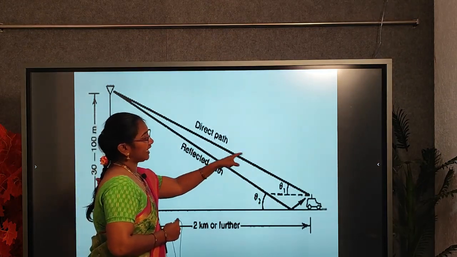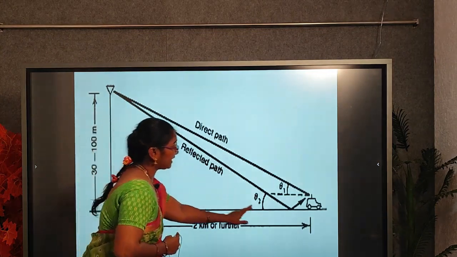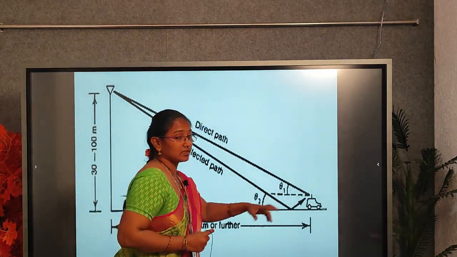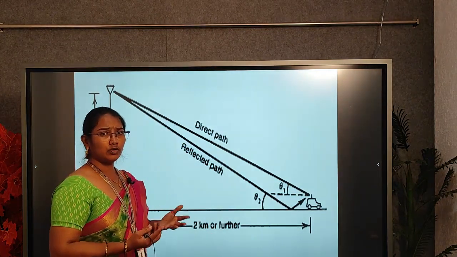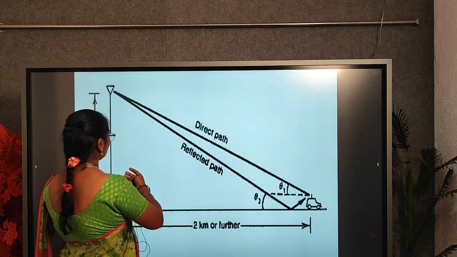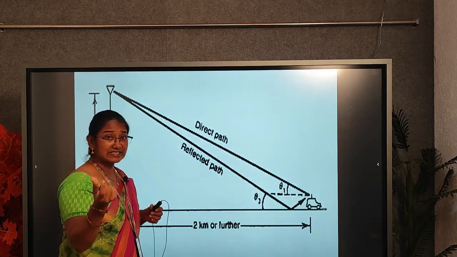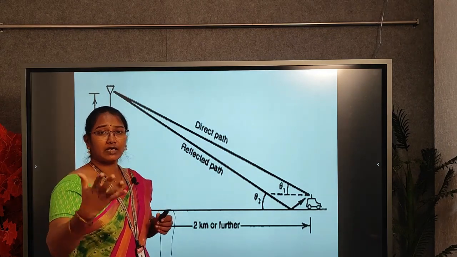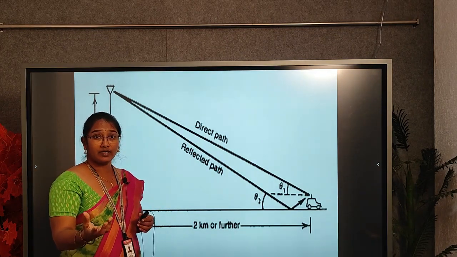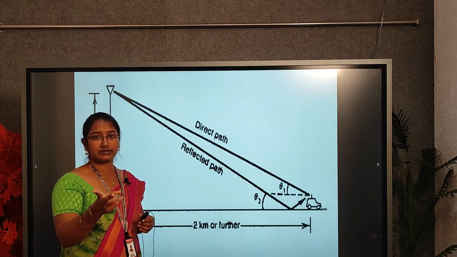First, the direct signal, the direct path, and second, the indirect path or reflected signal. The signal comes here and is reflected, which has very less strength. When I communicate in this position, the signal strength is more, right? So the direct path and indirect path have two different strengths.